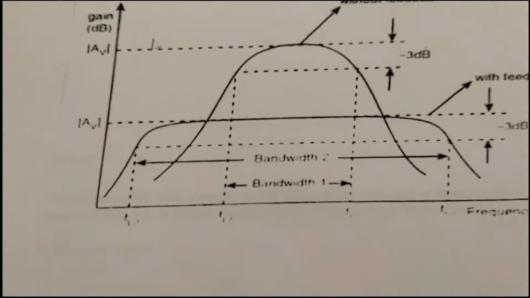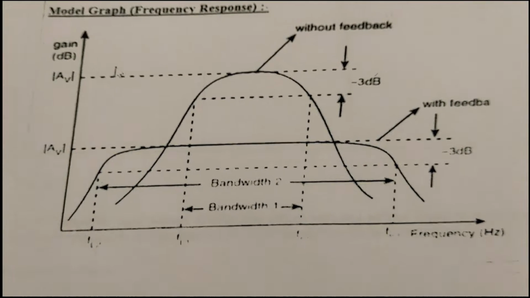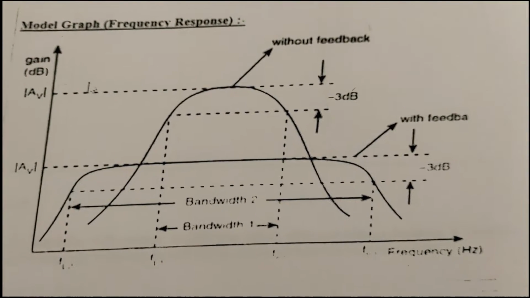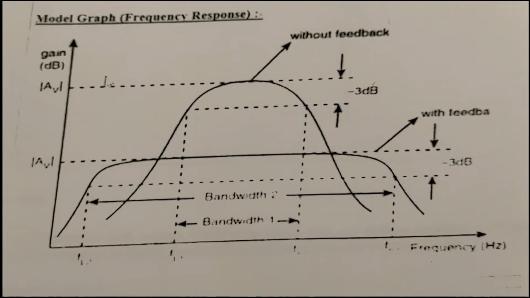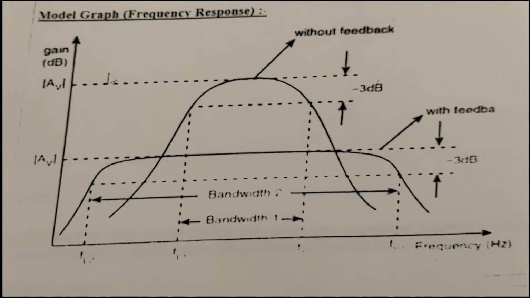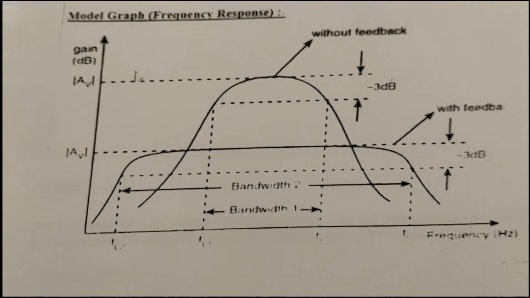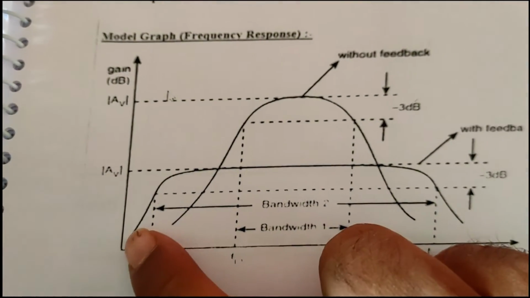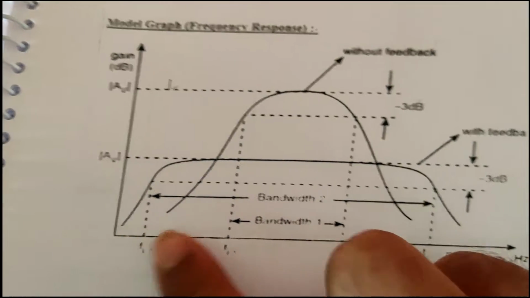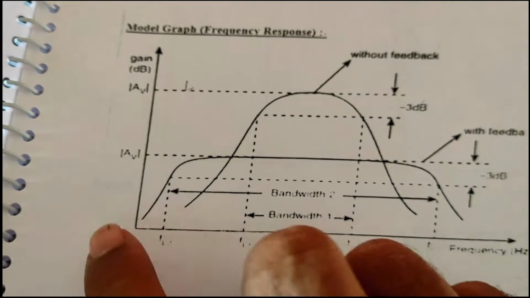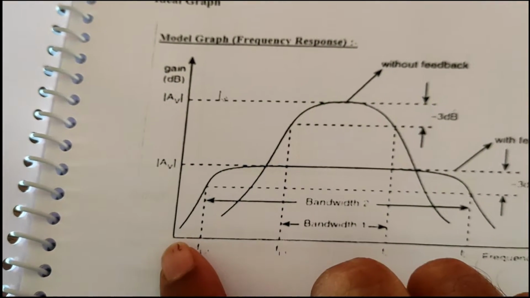The output of this particular experiment, we have actually two things: one is with feedback and without feedback. We are doing it in general here. What we have to get is, initially when the frequency is less, the x-axis shows the frequency and the y-axis shows the gain.